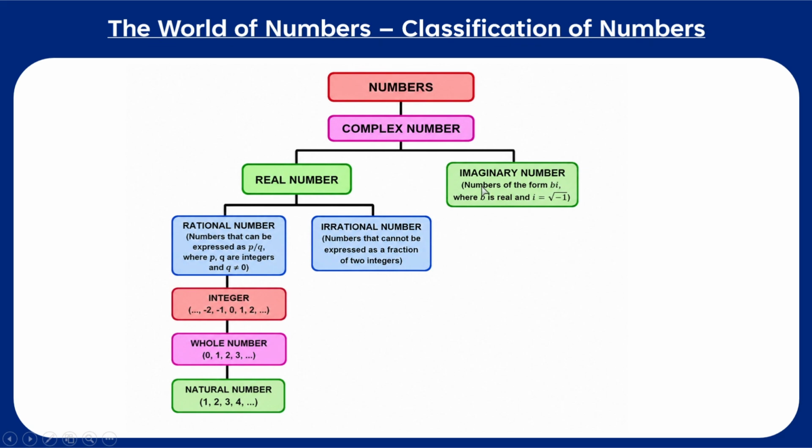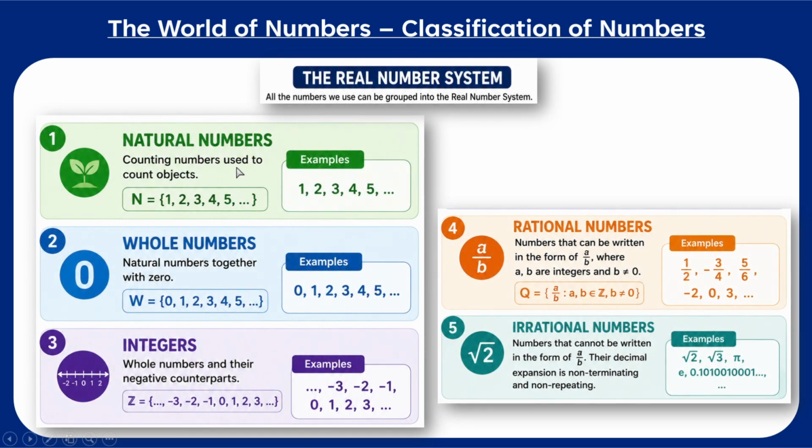So the number system begins with complex numbers, and it has been bifurcated as real numbers and imaginary numbers. Under the real number system, we have natural numbers, whole numbers, integers, rational numbers, and irrational numbers as well. Natural numbers comprise the numbers starting from 1, 2, 3, 4, and so on.